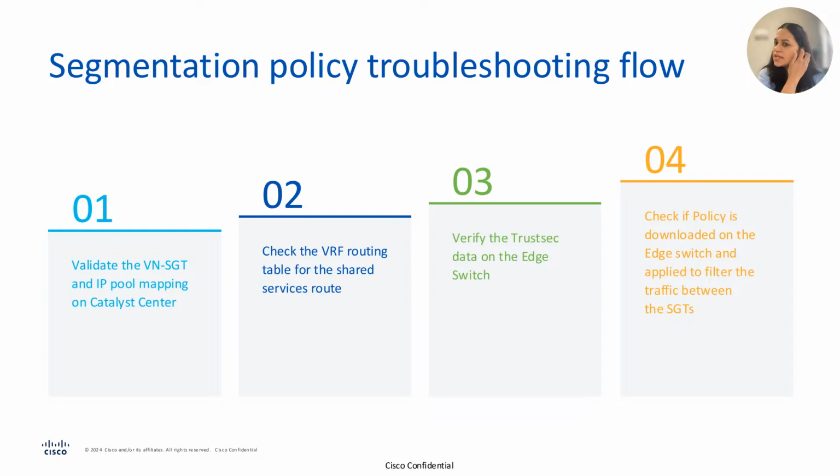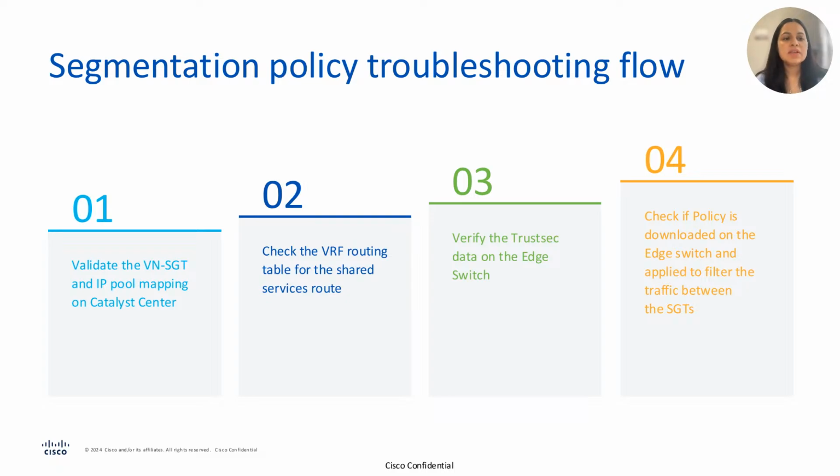In the Catalyst Center, you can see, and Julio will be showing that in the demo as well, how you can check which SGT is mapped to which virtual network. And from there, you can check if the SGT is being assigned to the right VN or not. That is the most important step, I would say, to begin with.